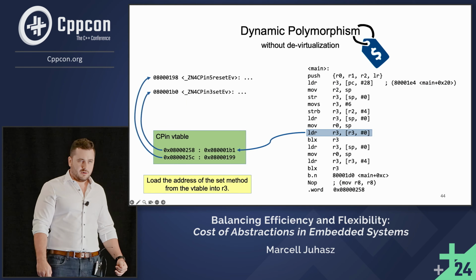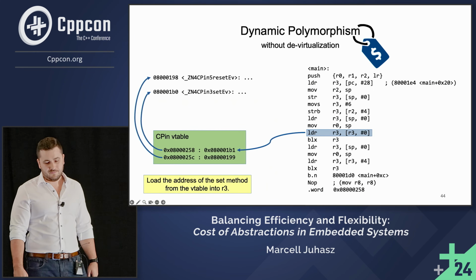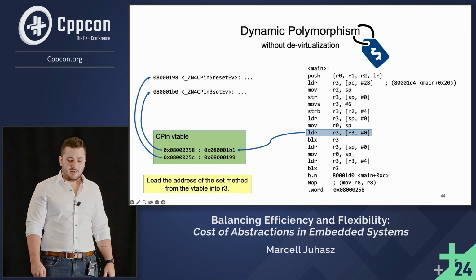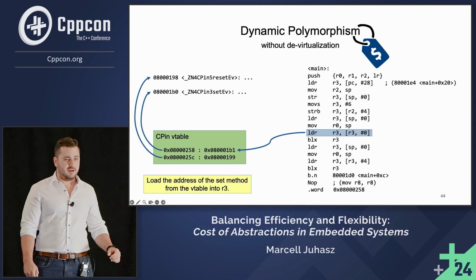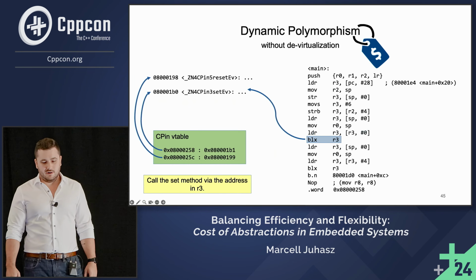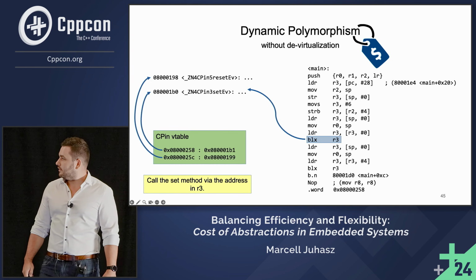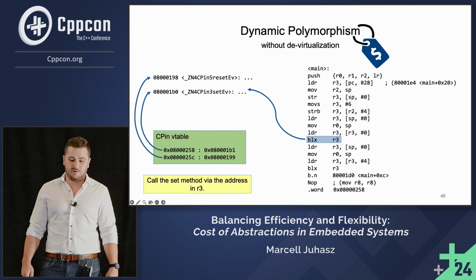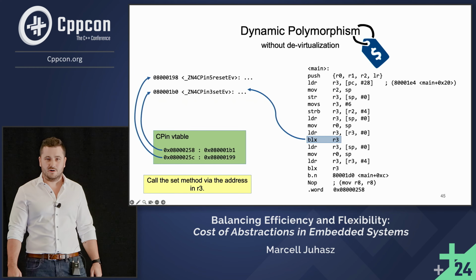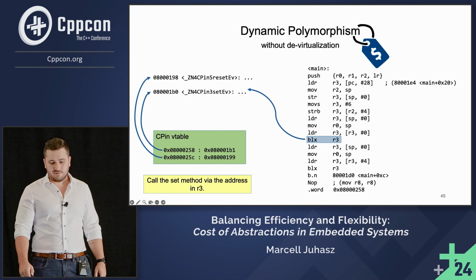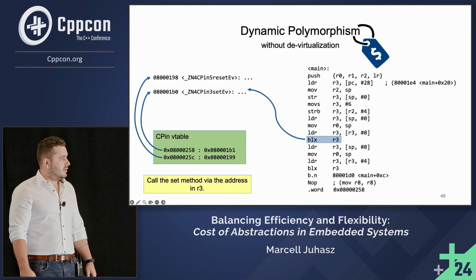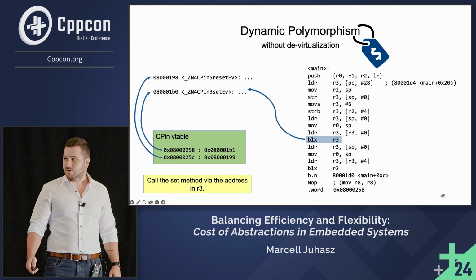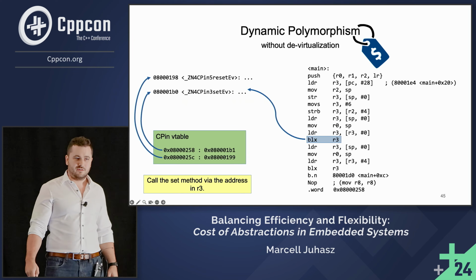Now, if we want to call a virtual function through the interface, then the correct address of that function gets loaded from the virtual table. And if we have the correct address, then the execution simply jumps to this address, effectively calling the function. Now, I also must add that the set function doesn't have any input parameters, so there is no parameter passing in the binary. This will be the overhead of a pure virtual function call.